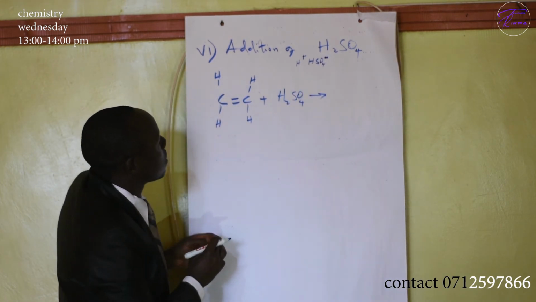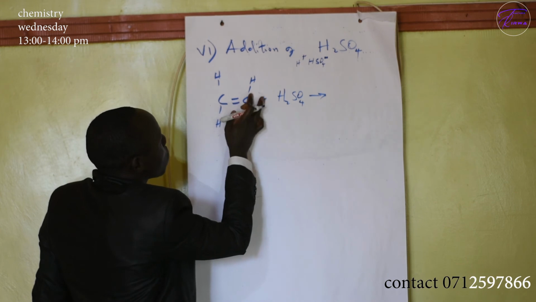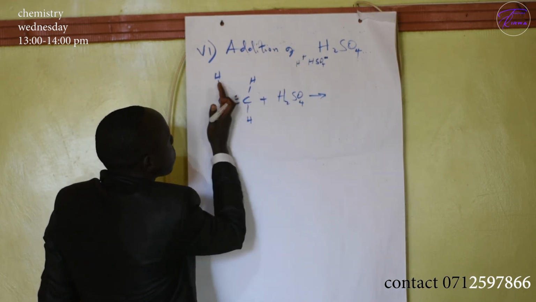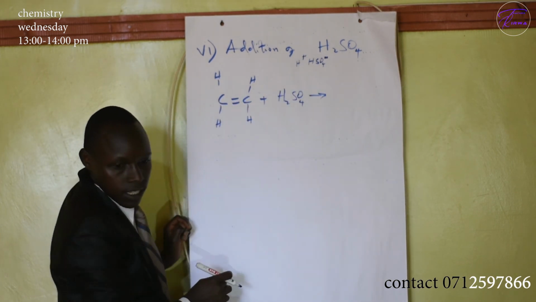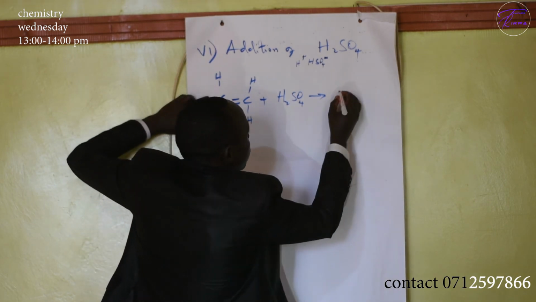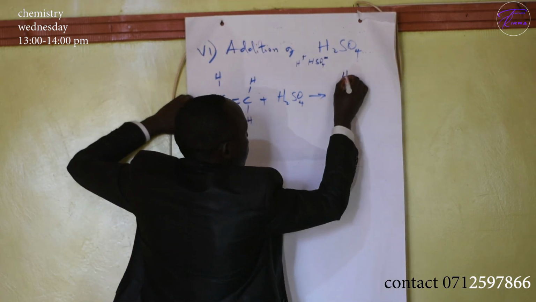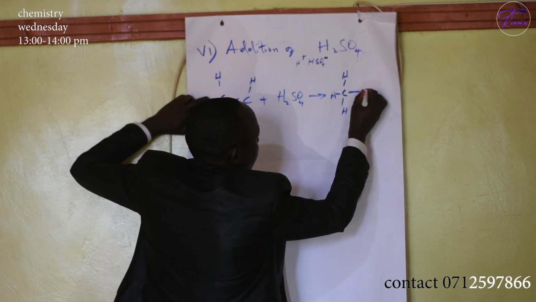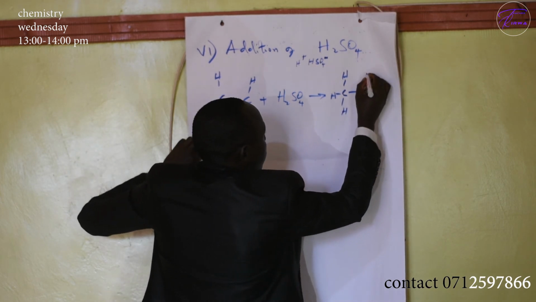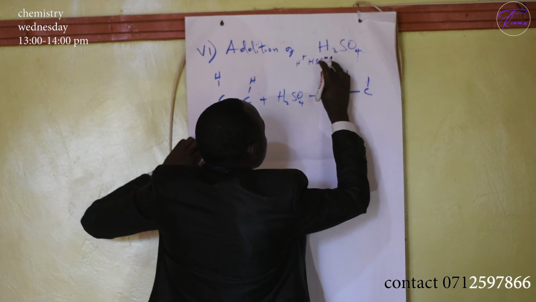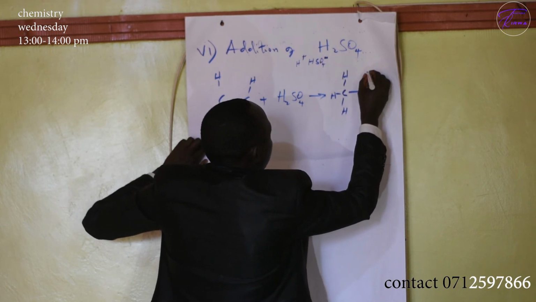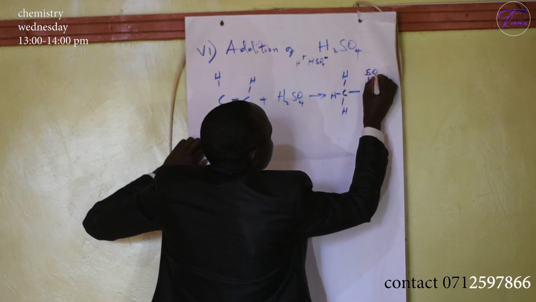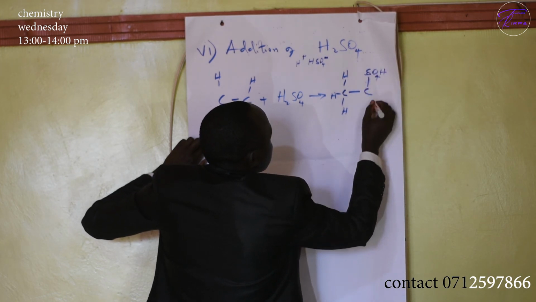Then this one adds to one side, and this adds to the other side. So you will have a compound of this kind. Okay, I can write SO4H.